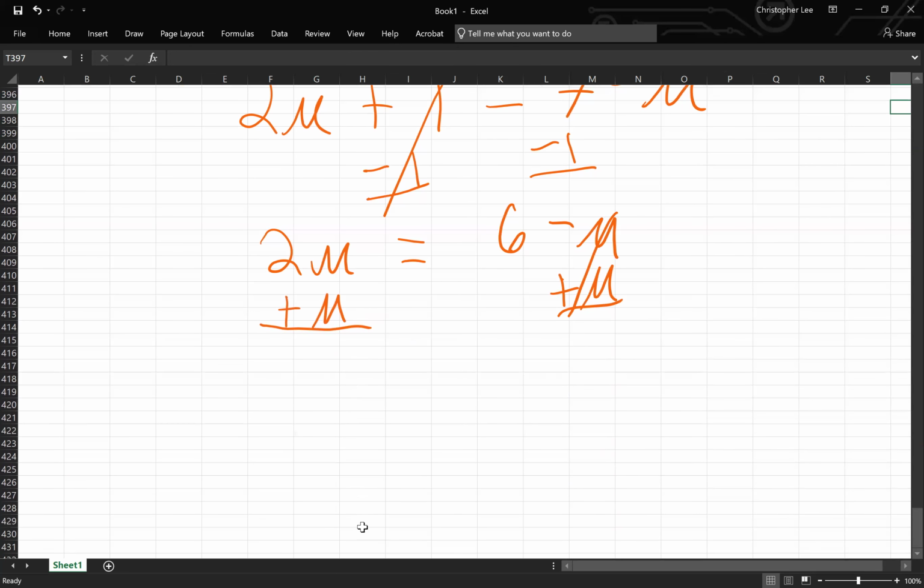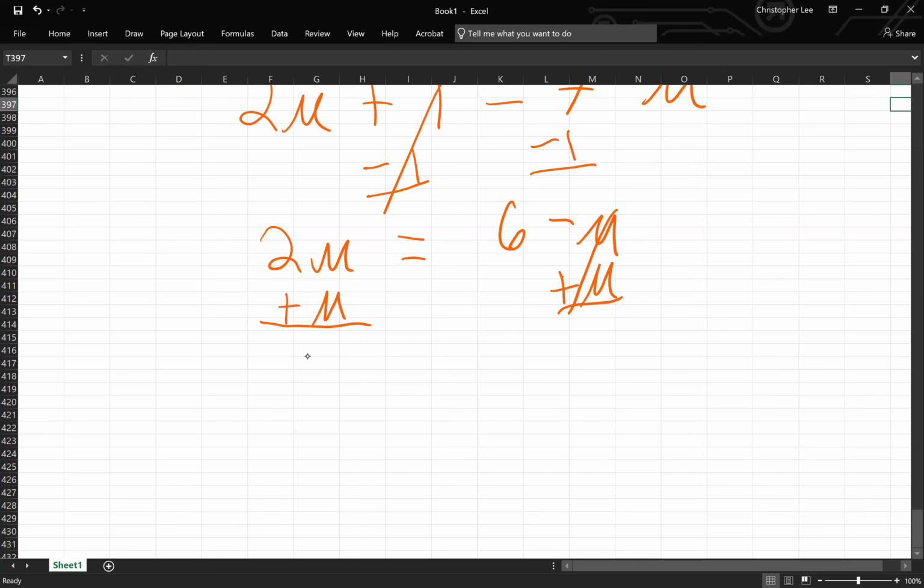I know my u's look funny. So 1 plus 2, that's like 3u is equal to 6. How do I get rid of the 3 again? Divide by 3, right? What I do to one side, do to the other. So I got u is equal to, very good.